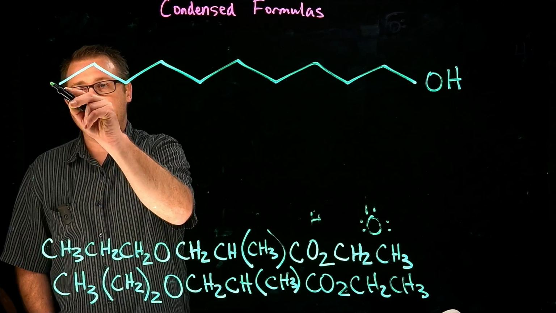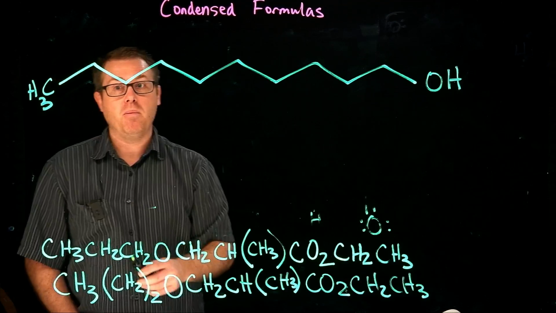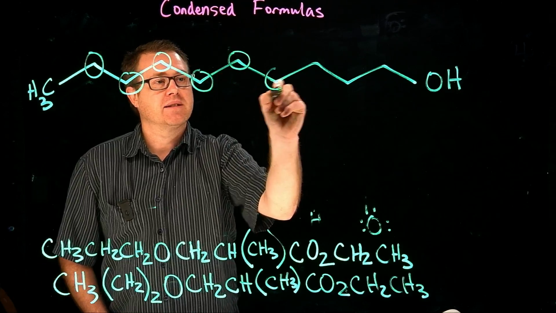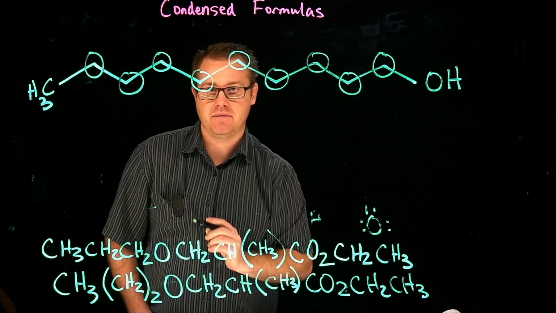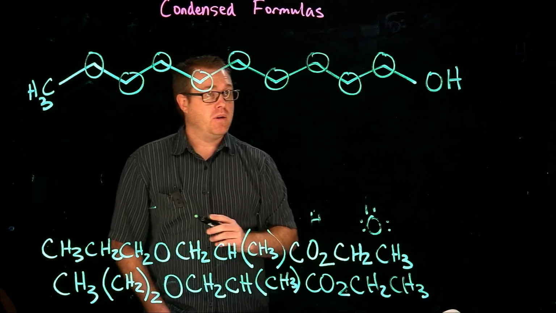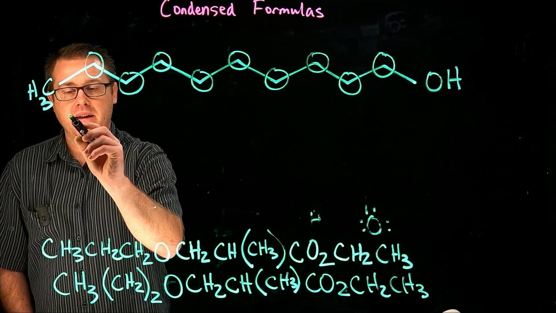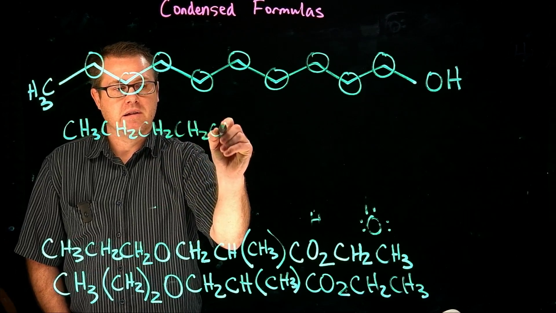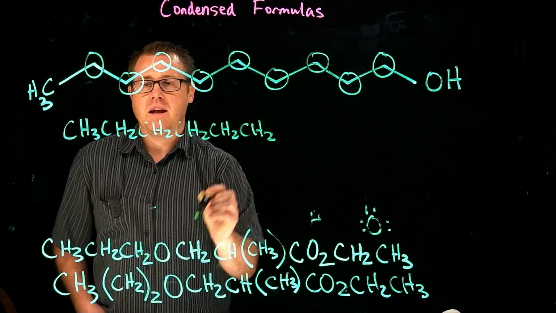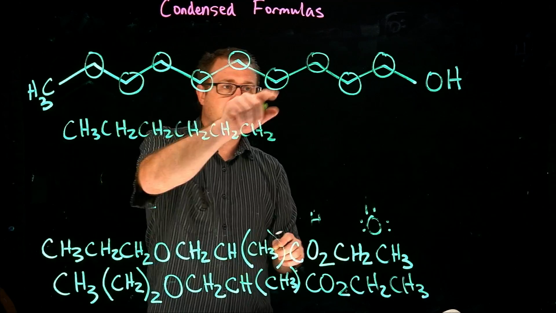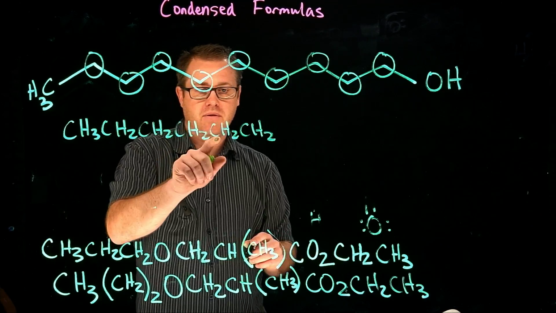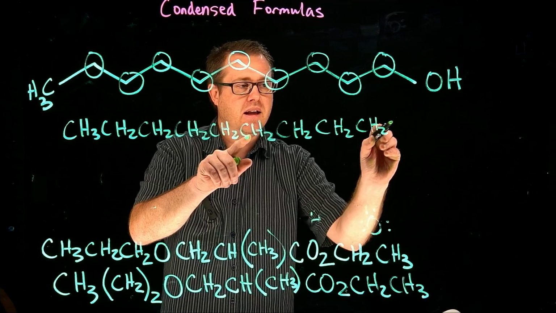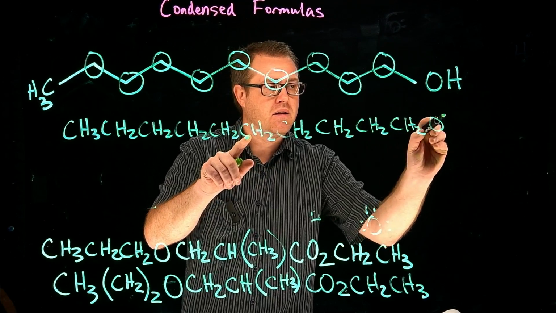Well, we have a CH3 right here, and how many CH2s? 1, 2, 3, 4, 5, 6, 7, 8, 9. So instead of going like this, CH3, CH2, CH2, how many do I have there? 1, 2, 3, 4, 5, 6, 7, 8, 9, like that.